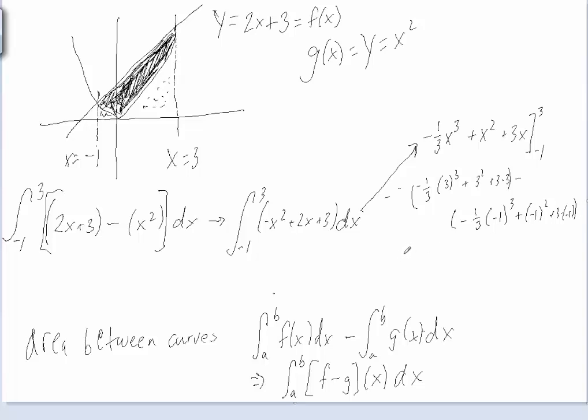Or negative 9 plus 9 plus 9, minus 1/3 plus 1 minus 3.